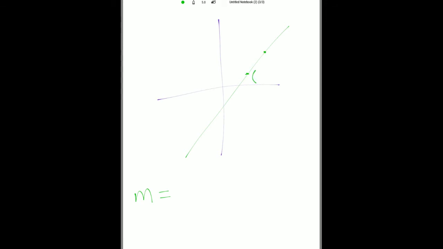Let's say here we have x1 and y1, and up here we have x2, y2. The gradient of the line is found by taking any 2 points and following this formula: y2 minus y1 over x2 minus x1.